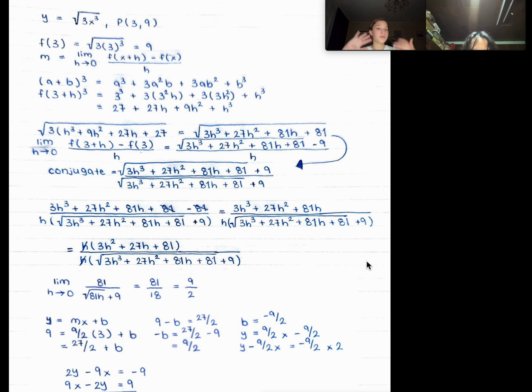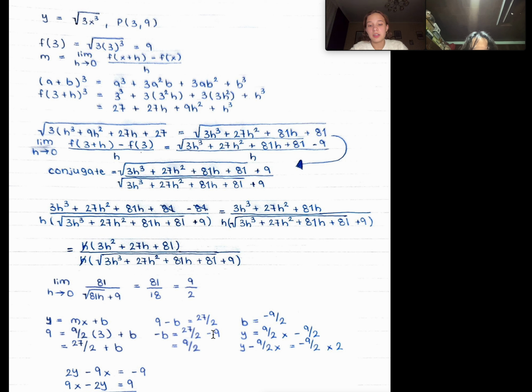To get rid of the 27/2, we can put minus, right? Because here it is plus b. But if we want to move it, to get rid of it, we should put minus. It's just the rule.